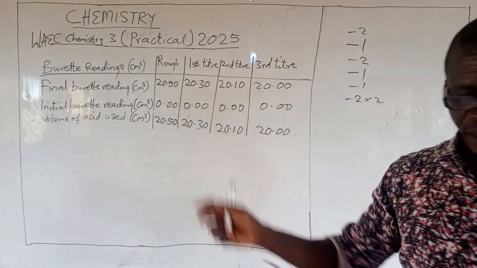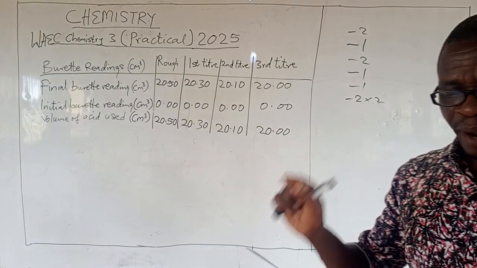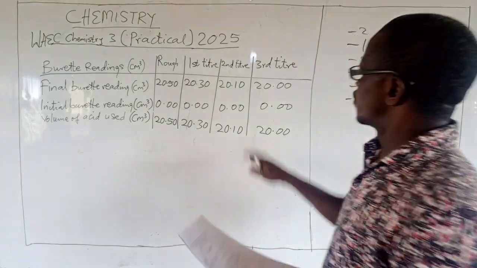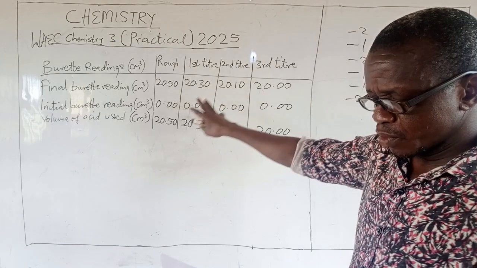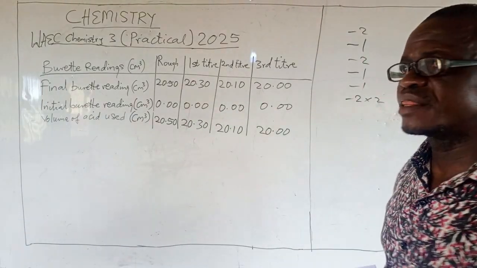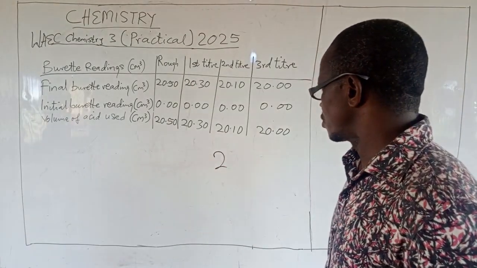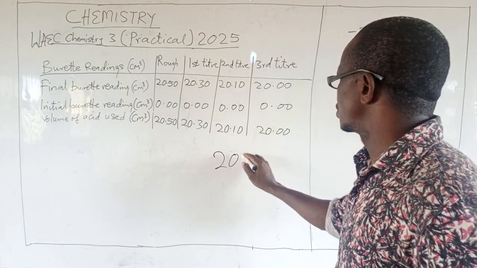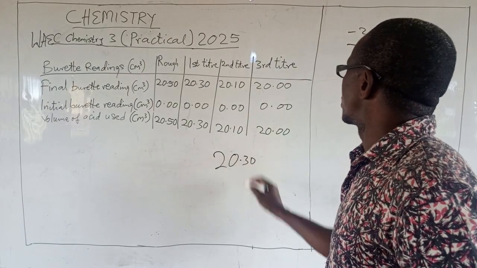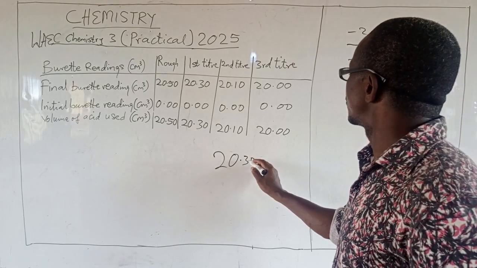Now, let's move on to another problem. Deliberate alteration. If you check this table, the table is very neat, clean. I have not altered anything. But by the time you alter something, you were writing 20.30, maybe here 20.30. Now you discover that your friend is writing 20.5.